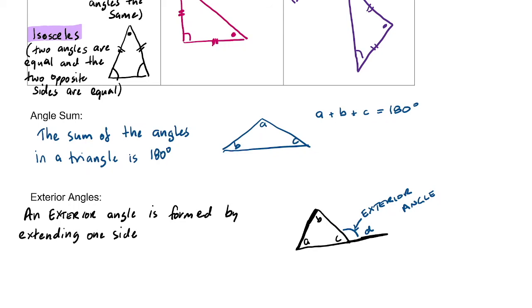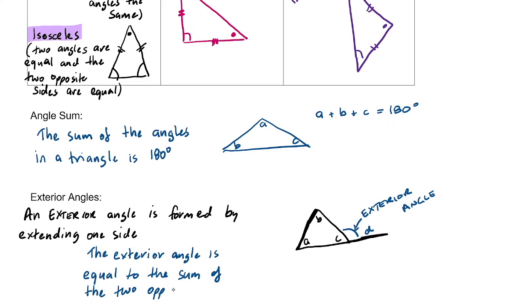Now, the exterior angle is actually equal to the sum of the two opposite angles.